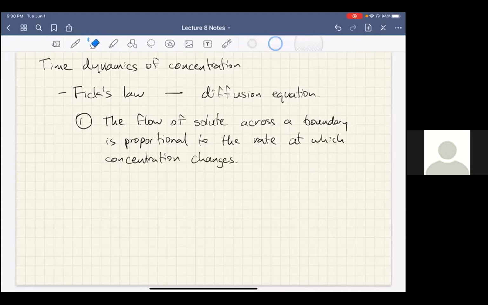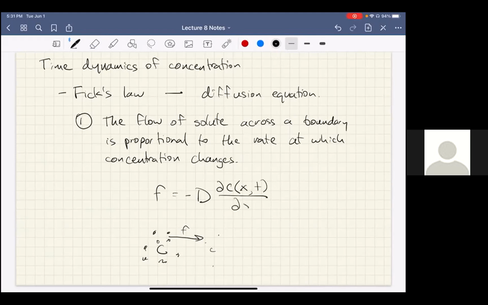That makes sense. So in other words, if you have a high concentration over here, and then a little distance later, you have a small concentration, then you will expect a flow to go that way. So how this is expressed as a differential equation is that this flow is equal to negative a constant of proportionality, D, times the change in the concentration. Now concentration here is expressed as a function of position and time.